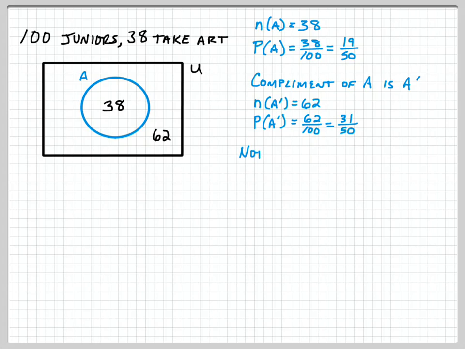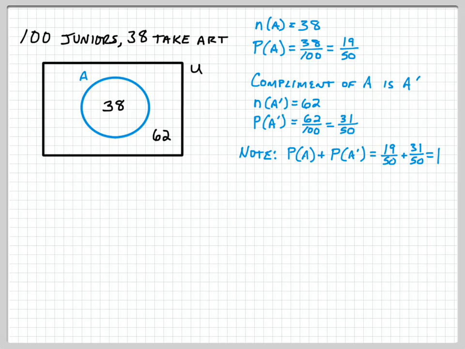An interesting thing to note here is that the sum of the probability of people taking art and the probability of people not taking art is 19 over 50 plus 31 over 50, which is actually 50 over 50, or 1. So in this case, 100% of the people are either taking art or not taking art.